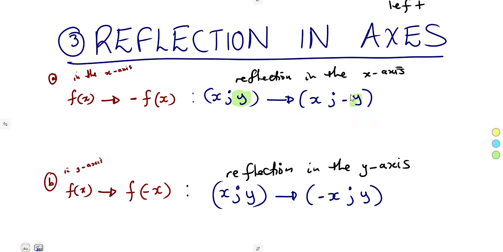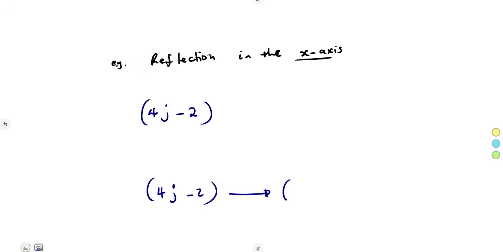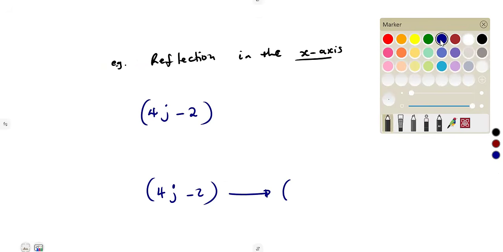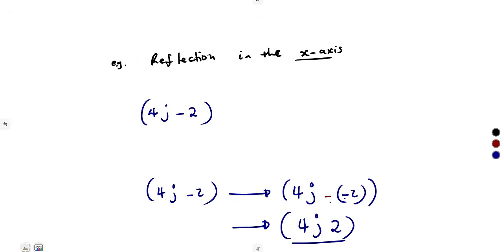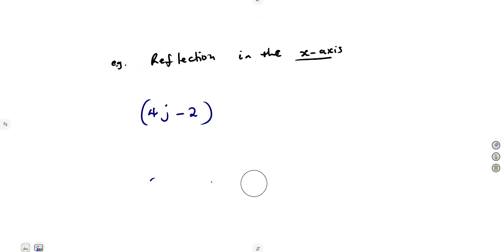So we are going to have our x value as it is, which is 4, but the y value we multiply by a negative. That is 4, minus minus 2, that's a positive.